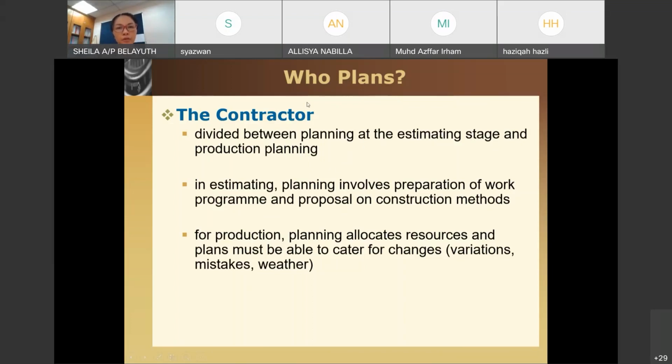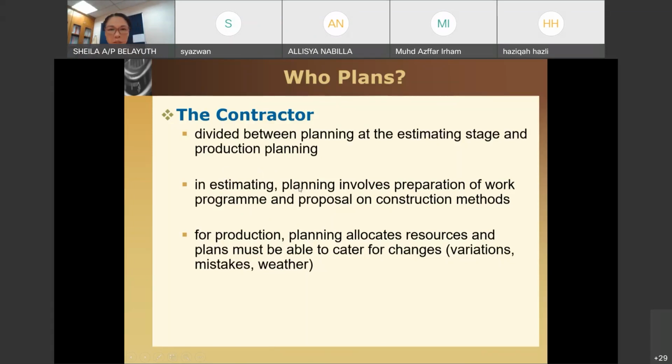So the contractor requires planning at the estimation stage. When you go for tender, you can't just estimate as you like and put a price. You need to be clear because that is what you have tendered for, so that is what you have estimated. If it is too low, then you will not have much profit, or sometimes you will even lose money. So it's very dangerous. Estimation should be done as close to reality as you can.